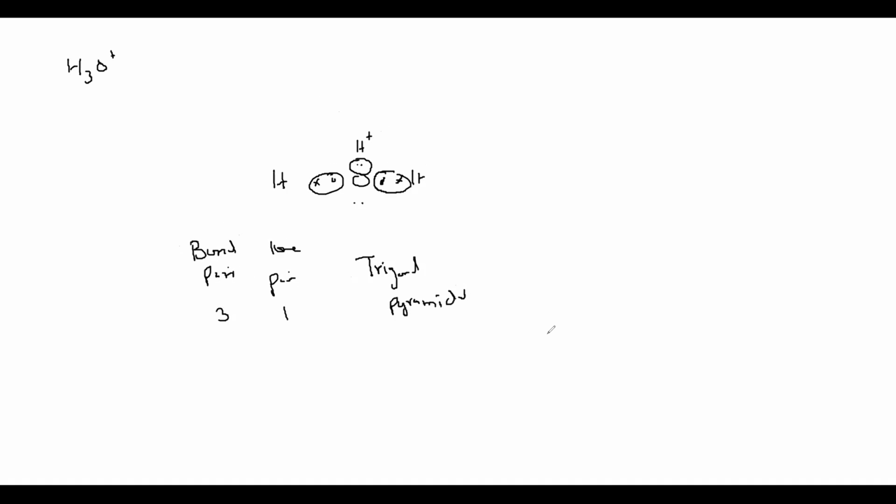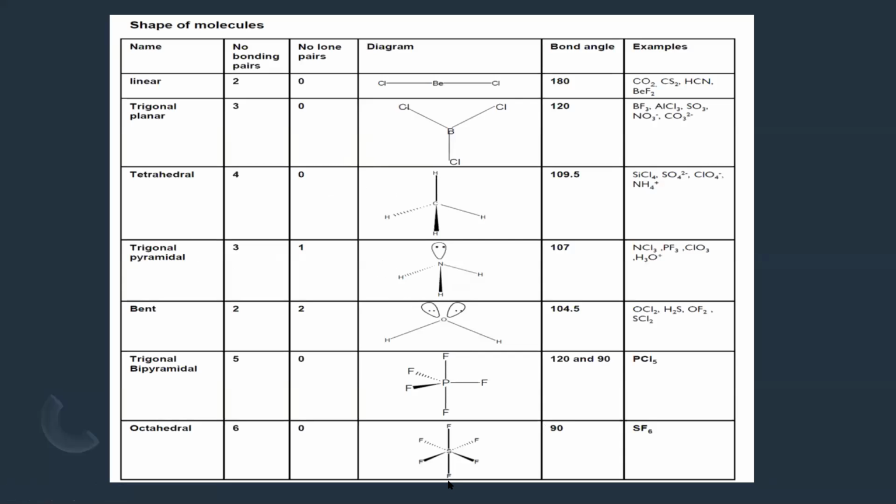So to draw this structure, trigonal pyramidal, you can see the same way as we did for tetrahedral. One of the bonds is into the plane, another one is out of the plane, one in the same plane, and there's a lone pair. So how we draw with a bond angle of 107.